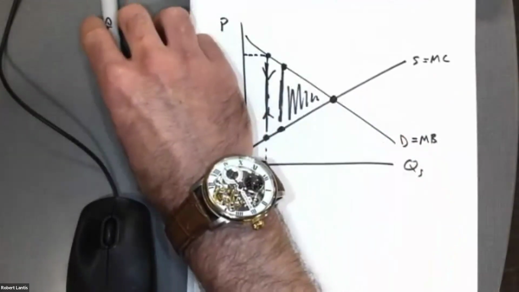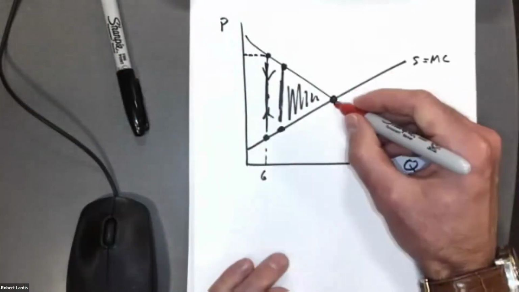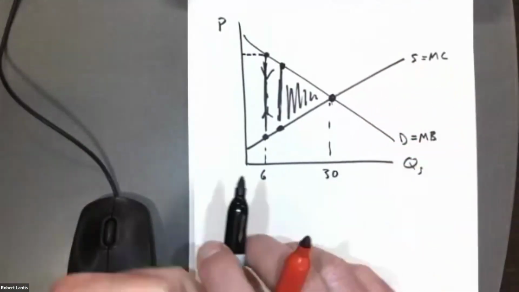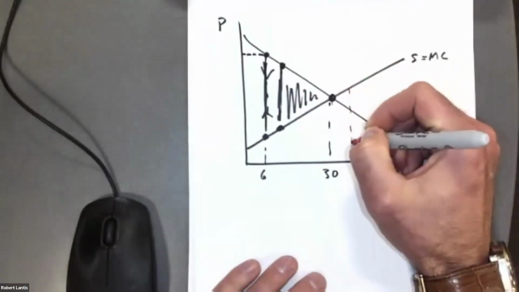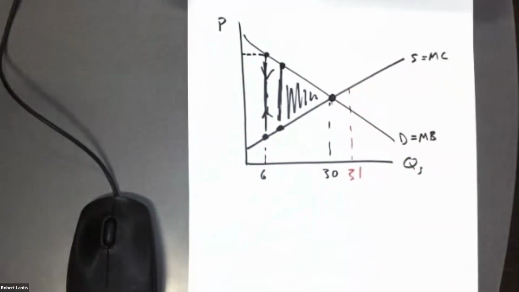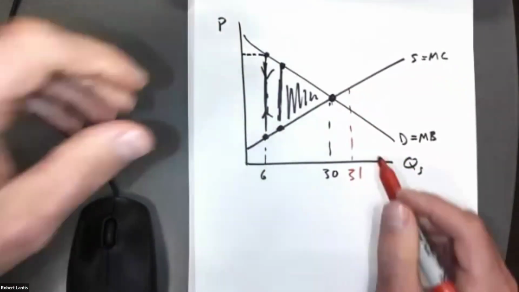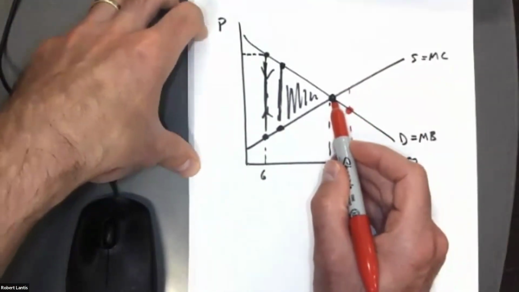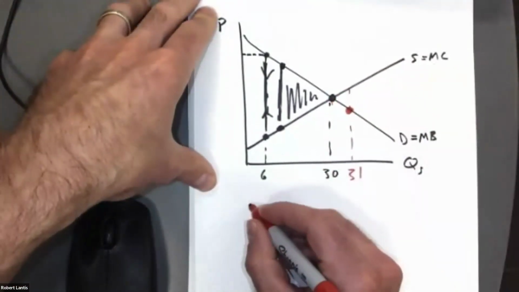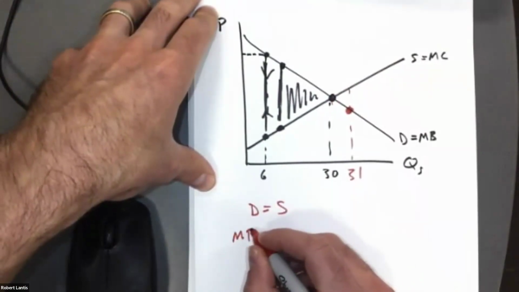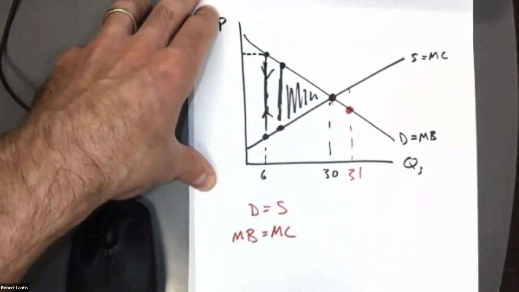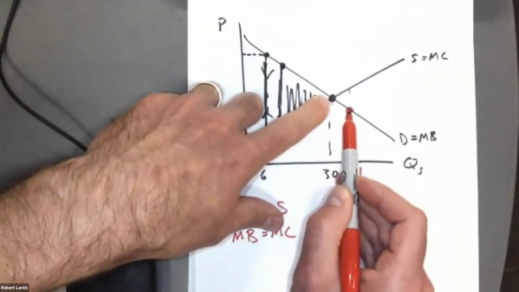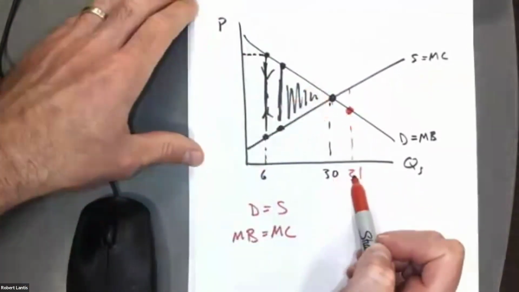Now, if we look past that point, let's say this was 30. Why don't we see the 31st unit being produced and consumed in the market? Well, for that 31st unit, after we move past that point where supply is equal to demand, or where the marginal benefits to that unit are equal to the marginal cost, notice what price would someone be willing to pay for that 31st unit?